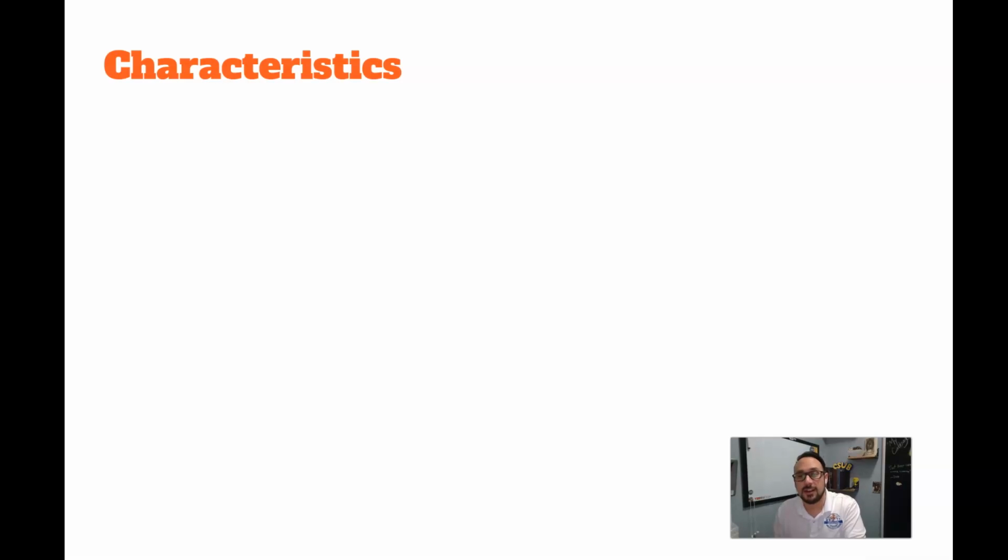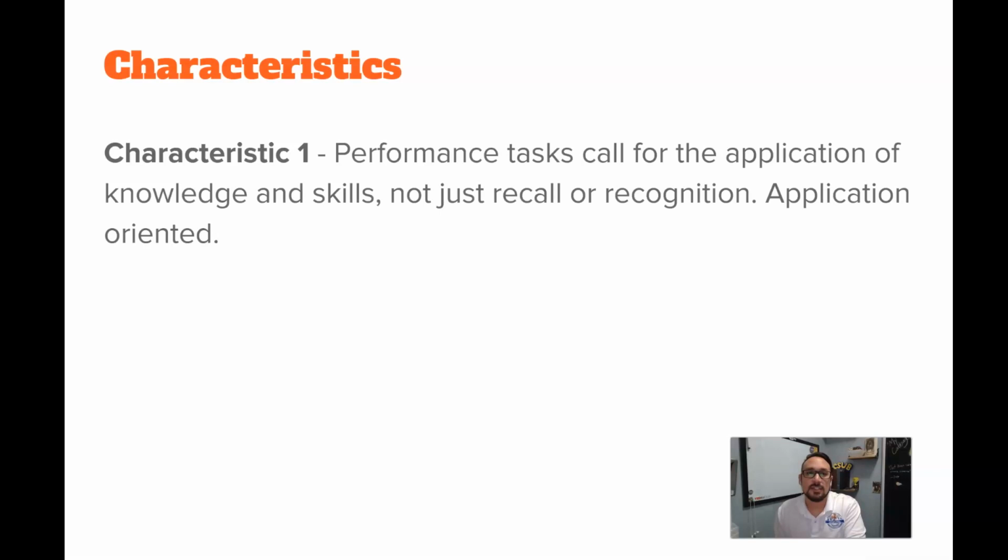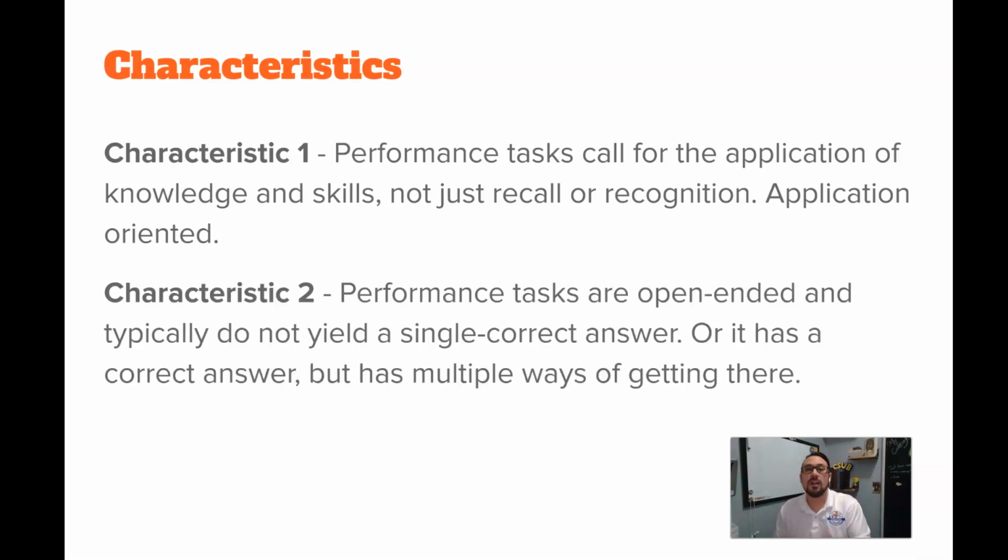All right, so here are the essential characteristics of performance tasks. First, they have to be application oriented. So students take the knowledge that they have acquired and do something with that knowledge, create something, or perform something, which is characteristic two.